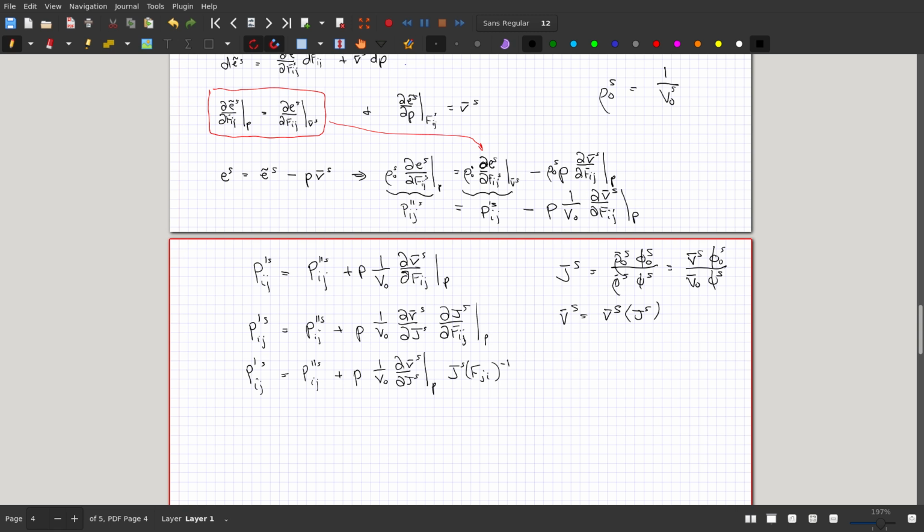Well, let's see what happens when we plug this back into our momentum equation. So now our momentum equation had P prime of S in it. Let's plug this back into the momentum equation.